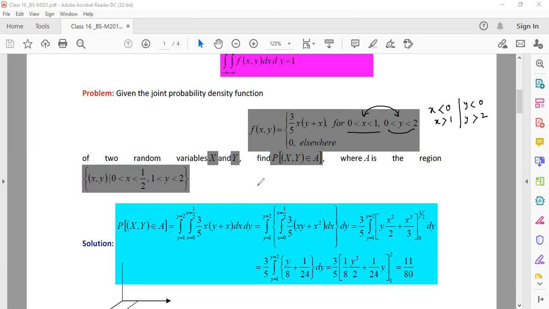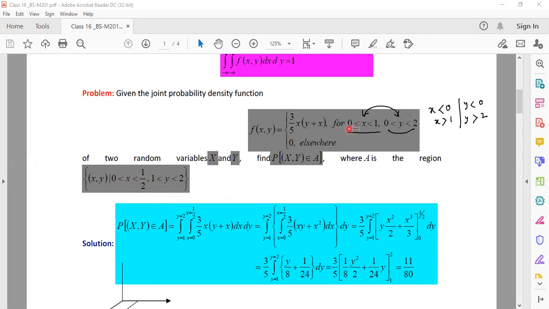Now we are going to calculate the probability of this type, where we have been asked to calculate the probability for the range 0 to 1/2 for the random variable capital X, and 0 to 1 for the random variable capital Y. You see that this range of x, 0 to 1/2, is definitely a sub-range of the original one, that is 0 to 1, and the range of y is a sub-range of the original range, 0 to 2.